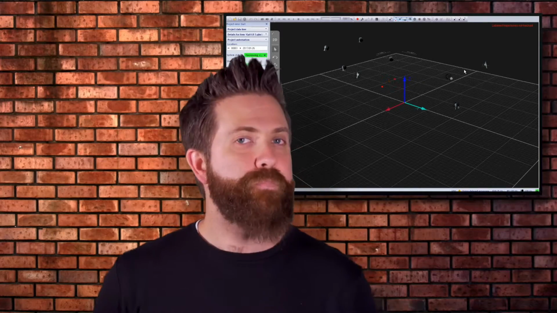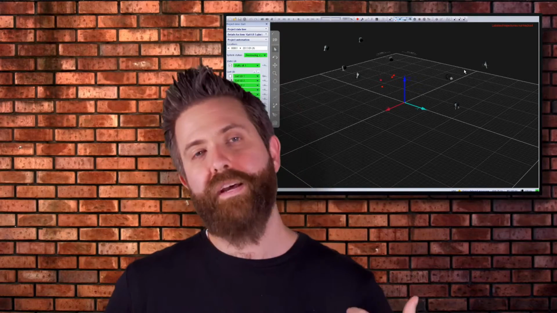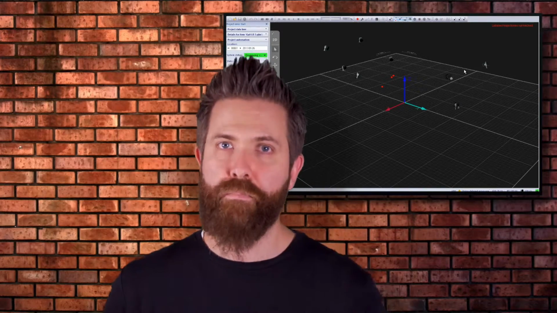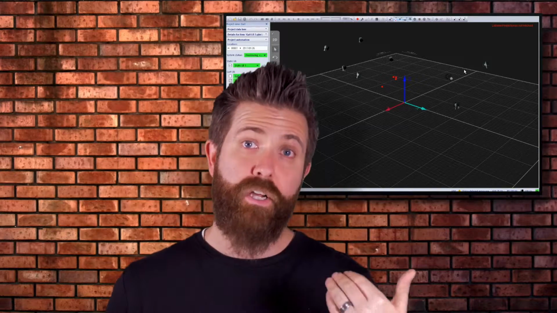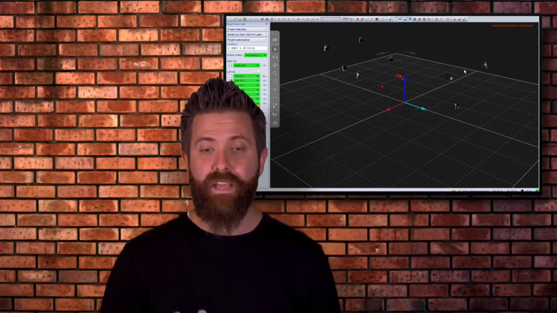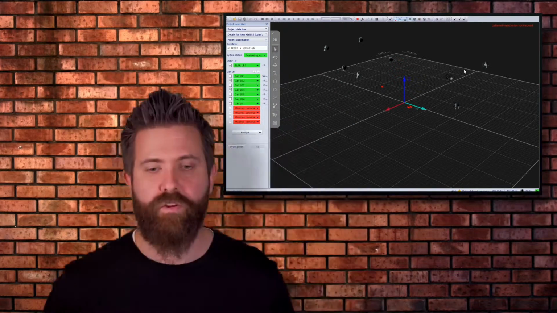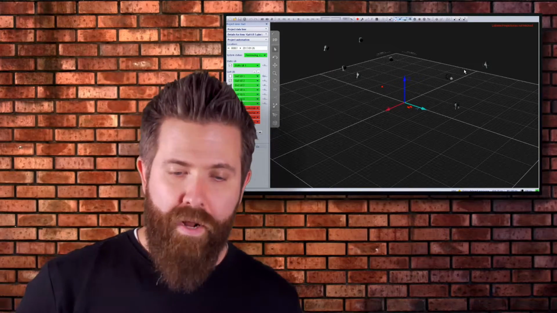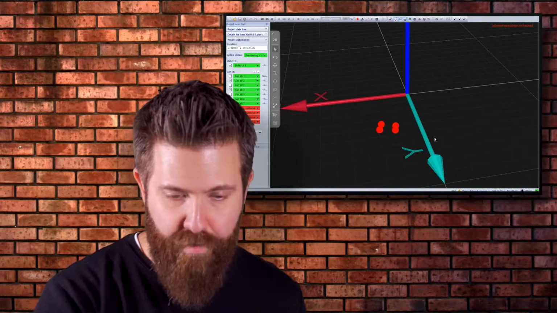Another example of problems that can arise has to do with factors that are nearly impossible to correct in post-processing. Not completely impossible, depending on the manufacturer of your motion capture system, but let's say we have this cluster placed right here on the floor. Right now, we have 4 markers there.